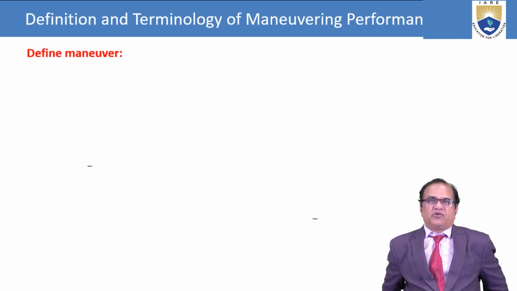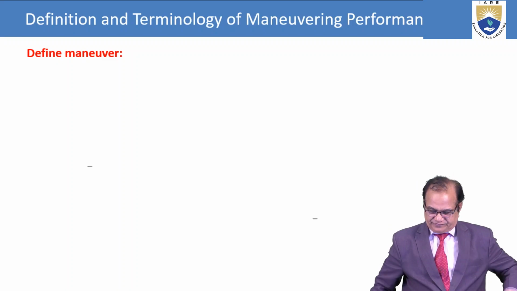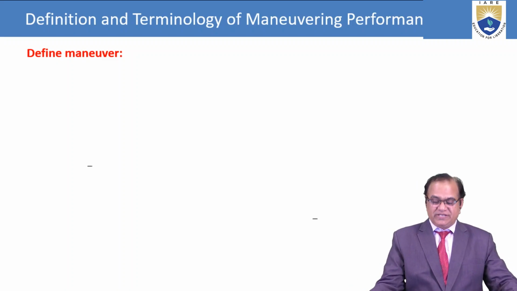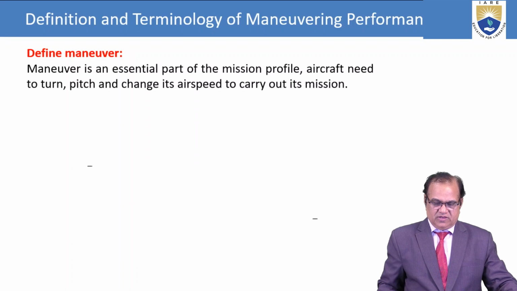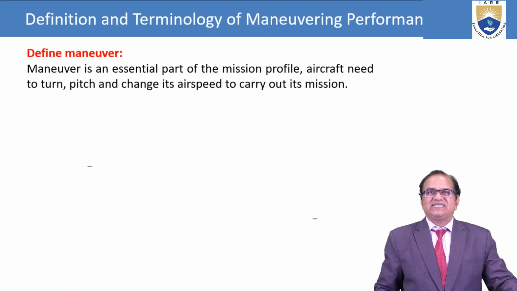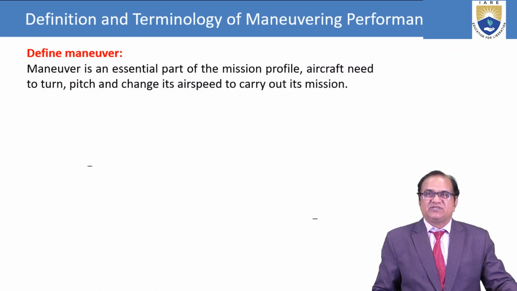So, we will define the maneuver. What is a maneuver? Maneuver is an essential part of the mission profile. Aircraft need to turn, pitch and change their airspeed to carry out their mission.